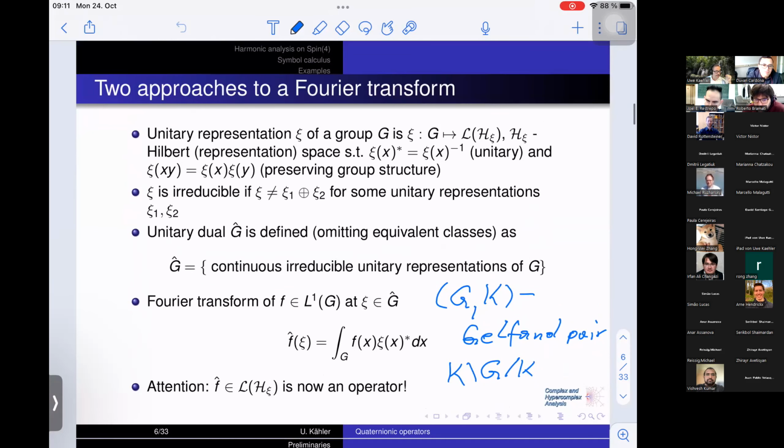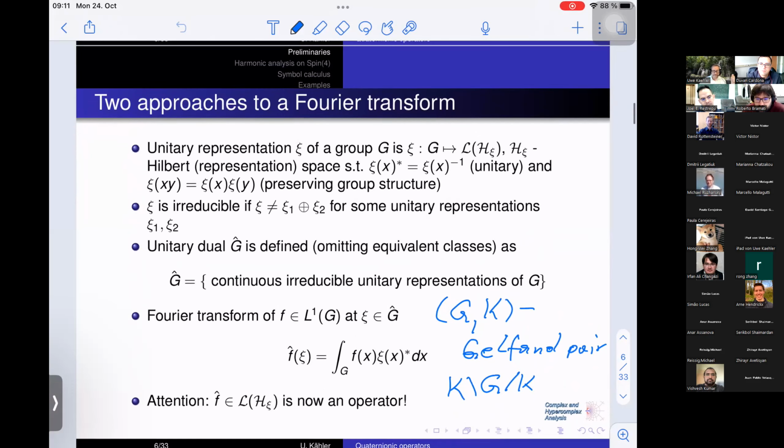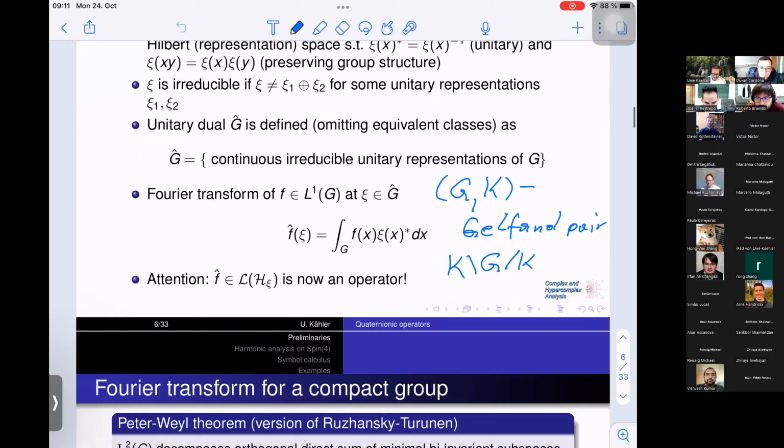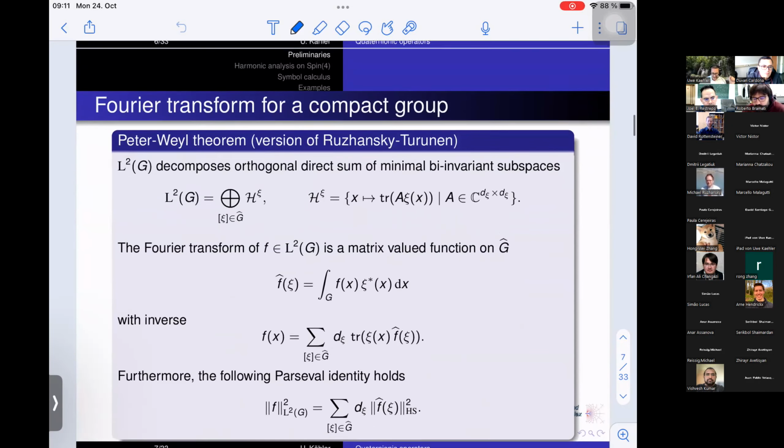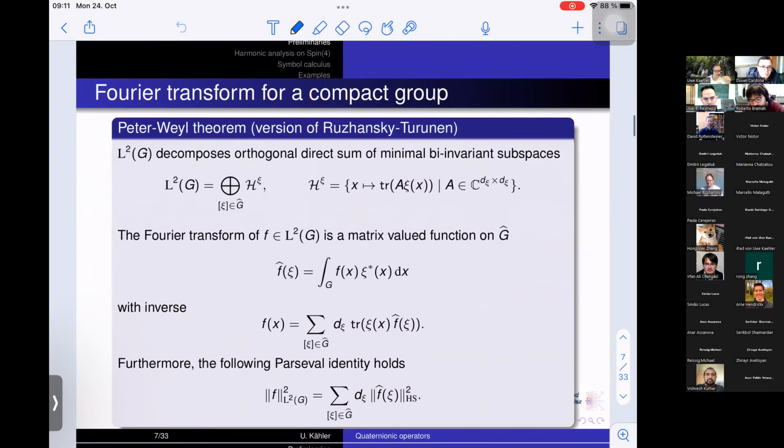We actually like to do a little bit more than that. We like to follow the idea of Ruzhansky, Wirth and Turunen to get a full matrix valued one, so with all the representations. And that's what the idea behind it is, and that's also the Fourier transform.